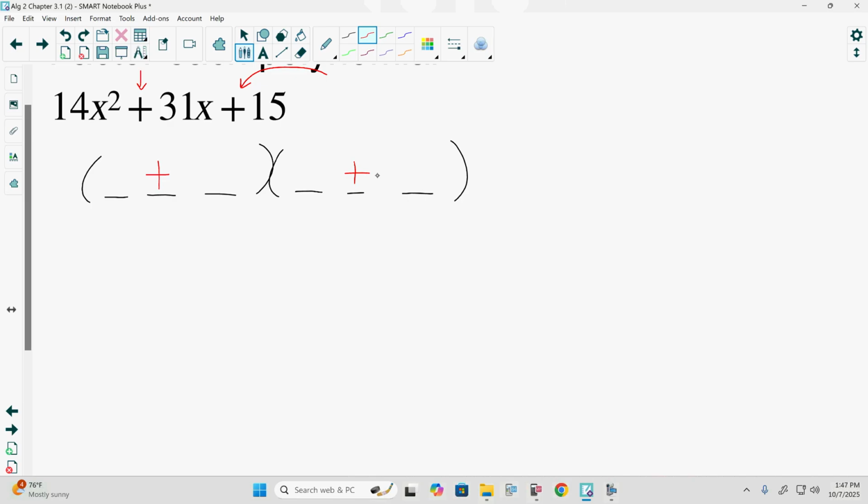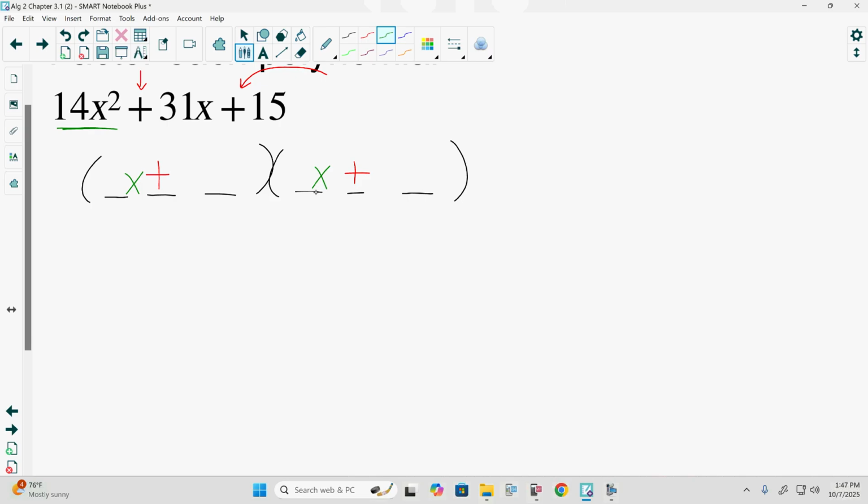Questions so far on steps 1 through 3? Step number 4 is define the factors of the first and third term. So our first term is 14x squared. Well, the x squared we know has to be what? X and x. That's the only thing that's going to multiply together to give us x squared, because x times x would give us x squared.